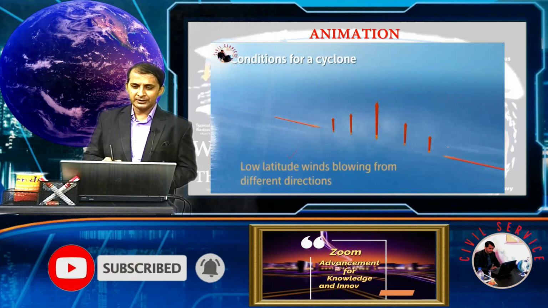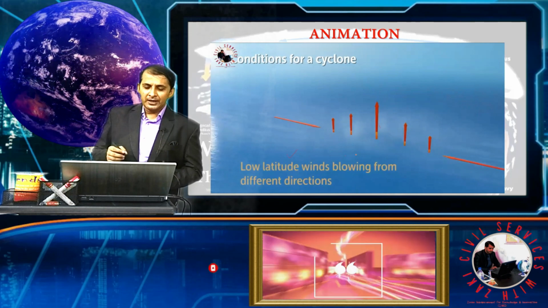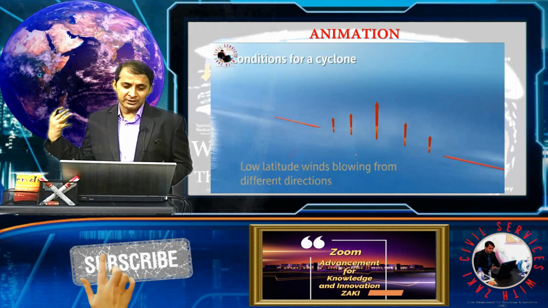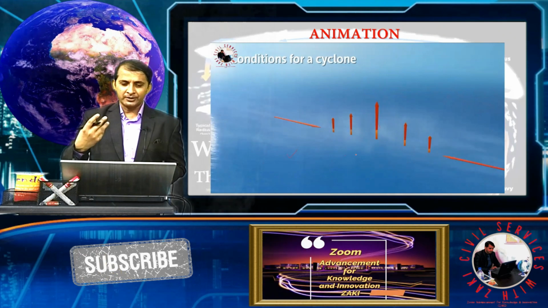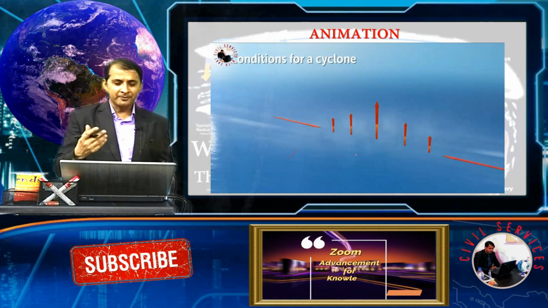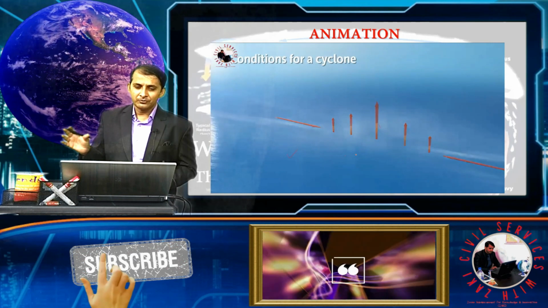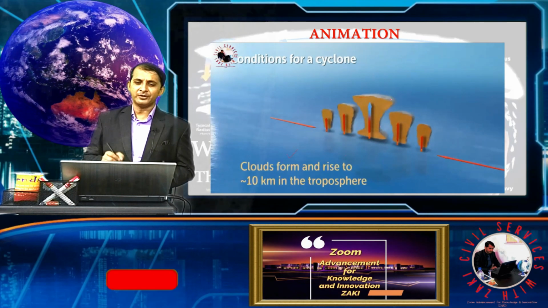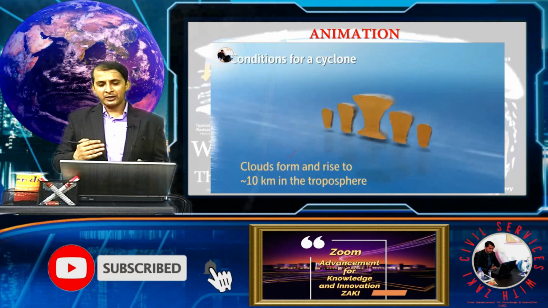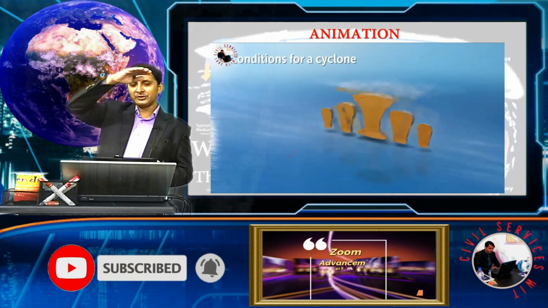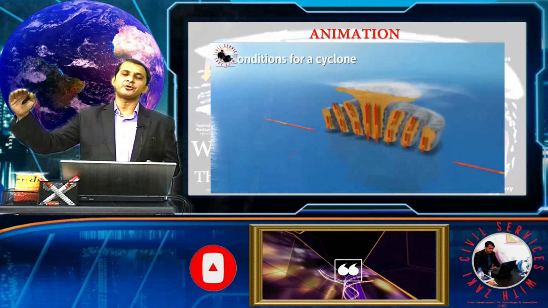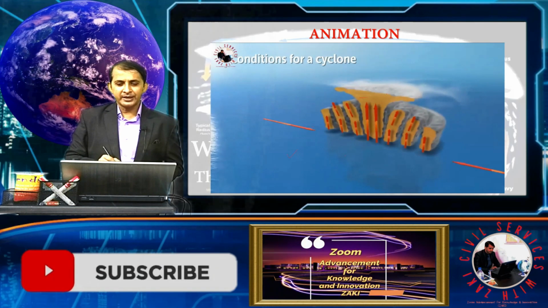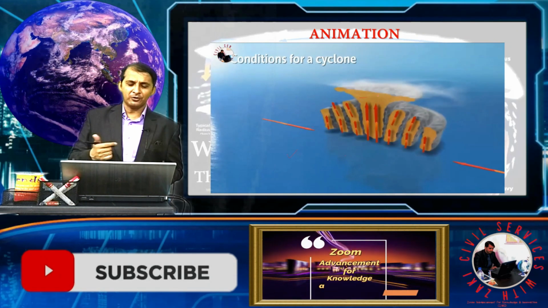Basically these are low latitude winds. Low latitude wind comes to this area, forming warm and moist air, and the cloud rises to 10 kilometers in the atmosphere, to the top of the troposphere, and after condensation can go further to 12 to 15 kilometers.